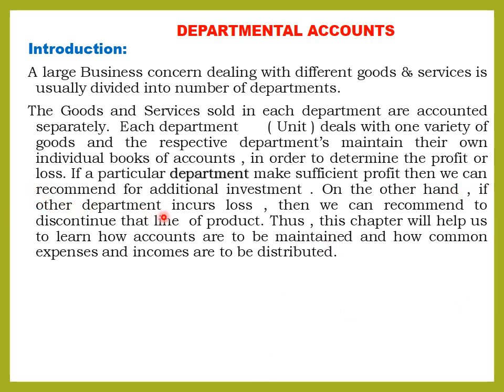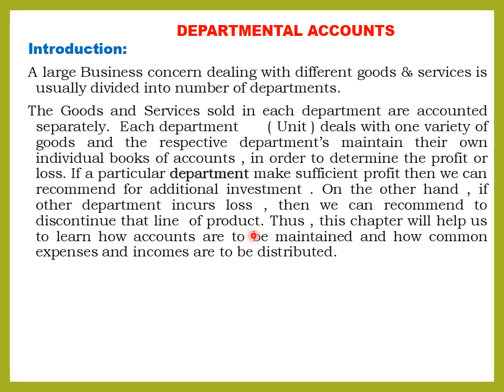For example, if a textile department makes sufficient profit, then we concentrate more on the textile department by expanding more of its sales, etc. On the other hand, if another department incurs loss, then we can recommend to discontinue that line of product.